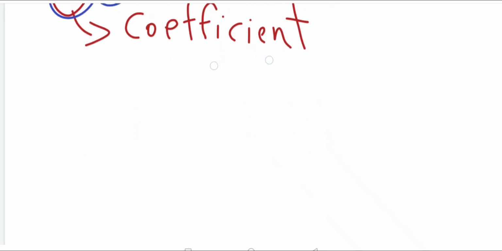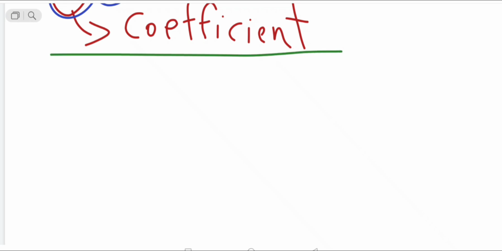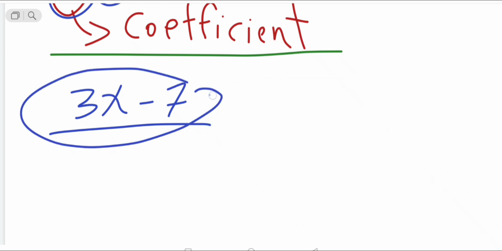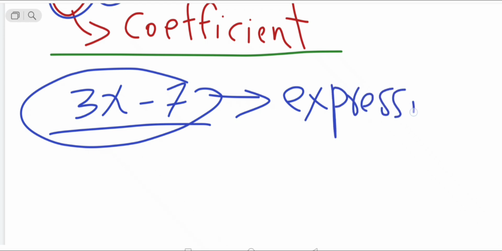Okay, then if some terms are together, for example, 3x minus 7, there are two terms together. When two or more terms are connected with each other by using a plus or minus sign, we say this whole is called an expression. Clear?